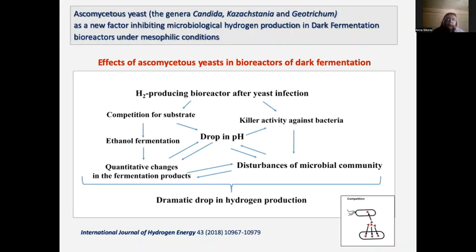And these are conclusions from our studies, where lactate, acetate, propionate, and butyrate, which are universal products of acidogenesis, were used as a feedstock in artificial media.